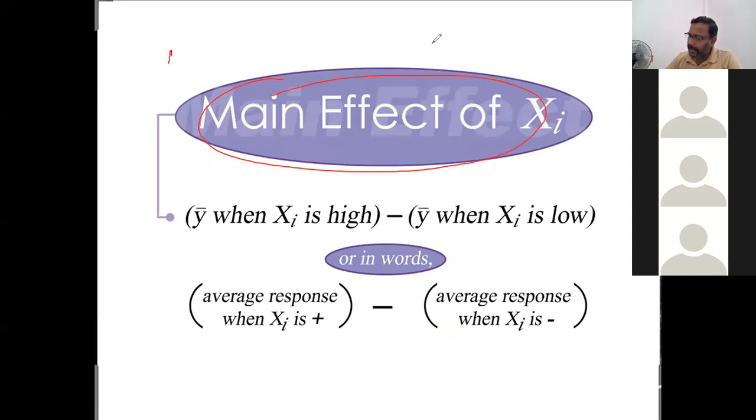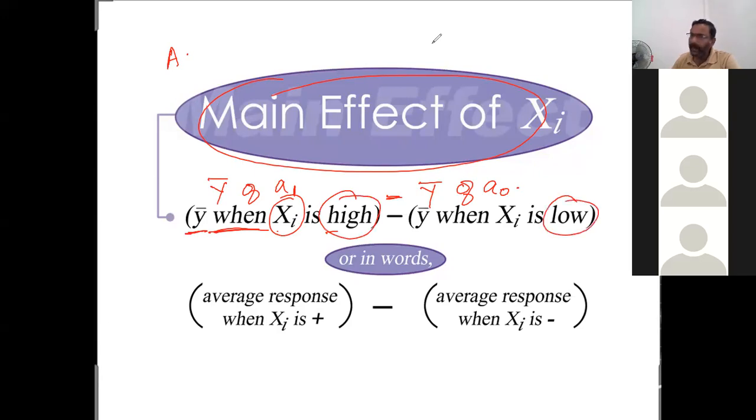Suppose I want to evaluate the main effect of A. How do I evaluate it? It is the yield when the treatment is high, that means the average yield of A1 minus the average yield of A0. A0 and A1 are the 2 levels, so the high level minus the lower level. That is how we find the main effects.